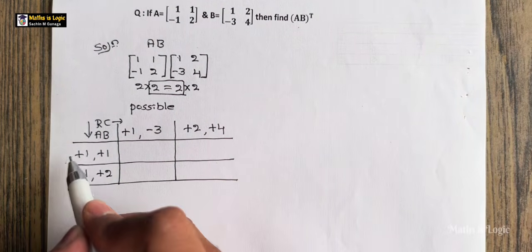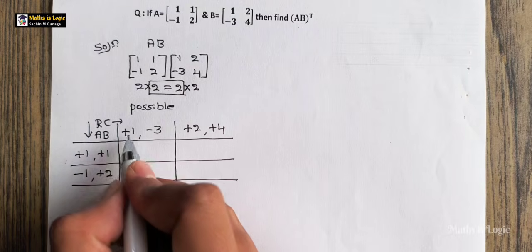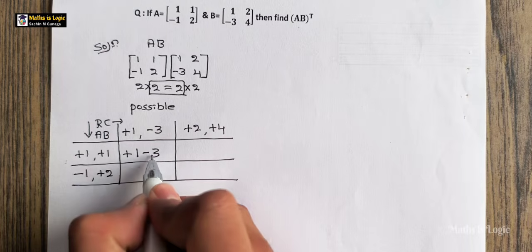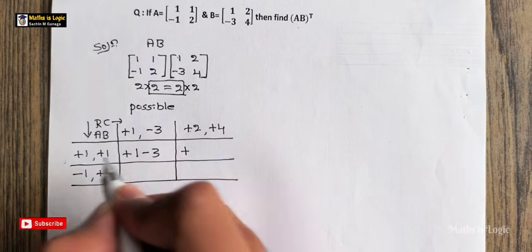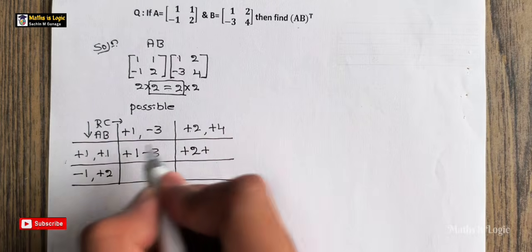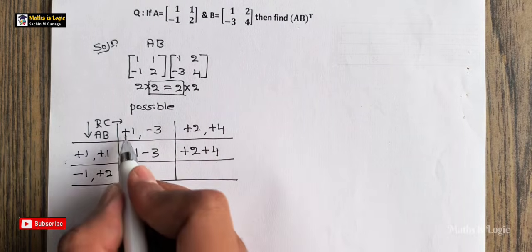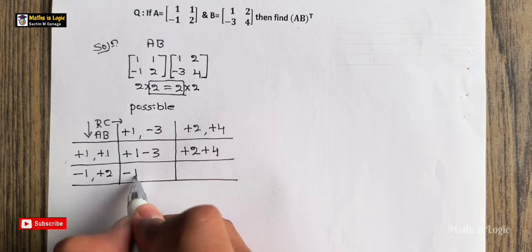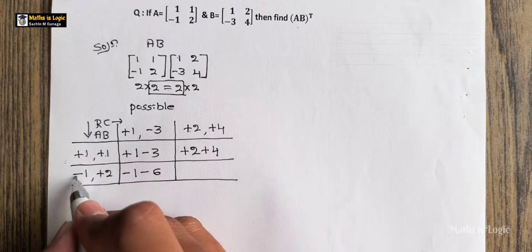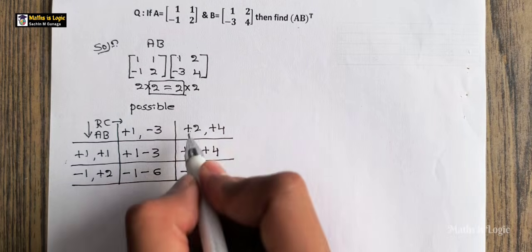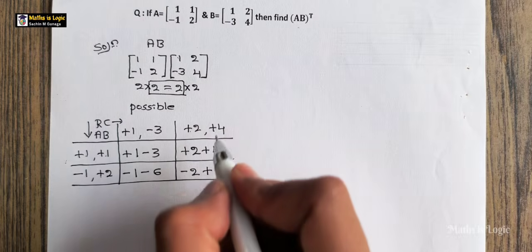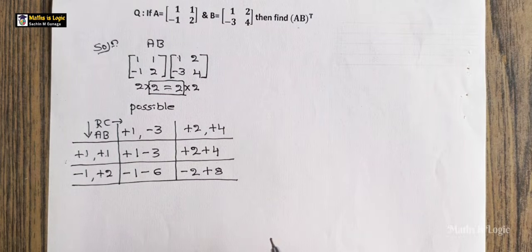So now multiply, plus into plus, plus 1 into 1 is 1, plus into minus, minus 1 into 3 is 3, plus into plus, plus 1 into 2 is 2, plus into plus, plus 1 into 4 is 4, minus into plus, minus 1 into 1 is 1, plus into minus, minus 2 into 3 is 6, minus into plus, minus 1 into 2 is 2, plus into plus, plus 2 into 4 is 8.